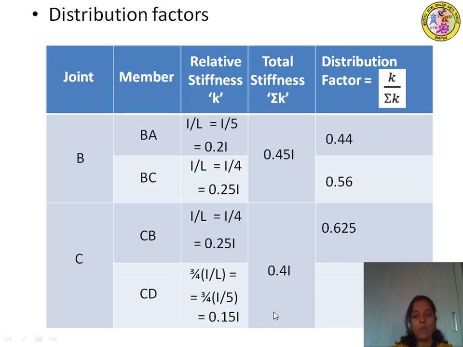And for CD member, it is relative stiffness, that is 0.15I divided by total stiffness, that is 0.4I, which will be equal to 0.375. So that is the calculation of distribution factors for members BA, BC, CB and CD.